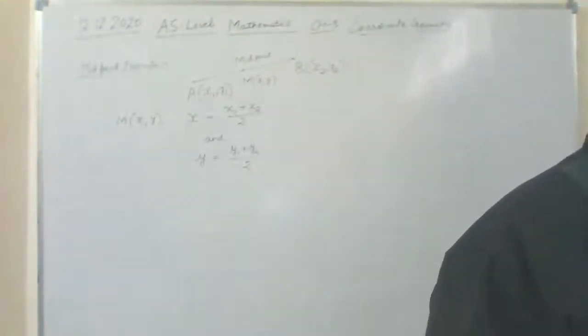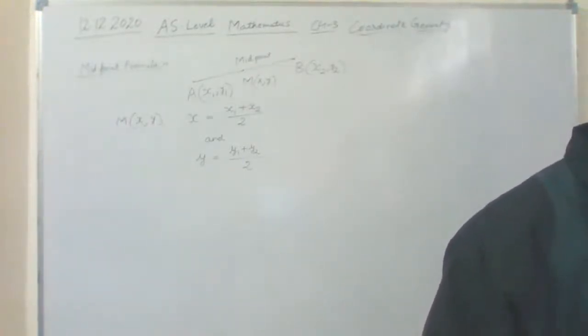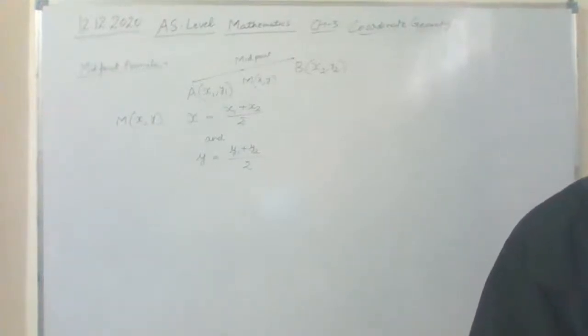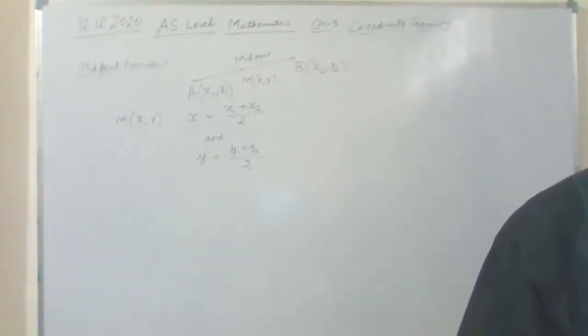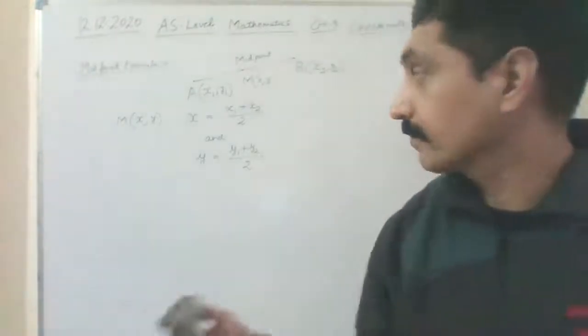So if we have some questions here, taking A 2, 5 as the point, find the gradient, length, midpoints, each and everything they have asked with the point A is 2, 5 and B is 6, 3.